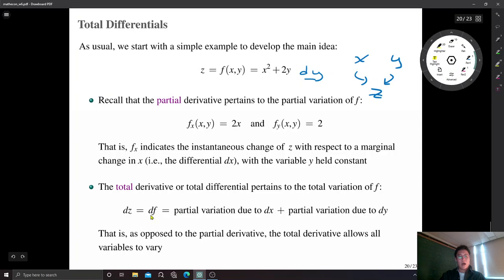A differential has linearity. So we just compute the partial variation due to just a change in one variable. Because function f depends on two variables, we have two partial variations, variation due to dx and variation due to dy. And how do we treat these two numbers? We just add them up because of linearity.